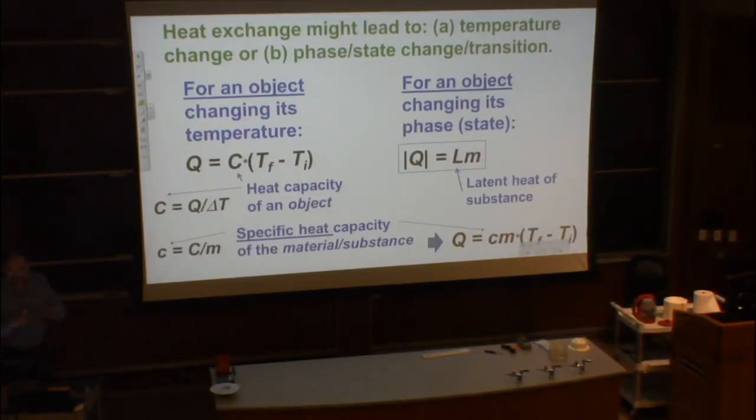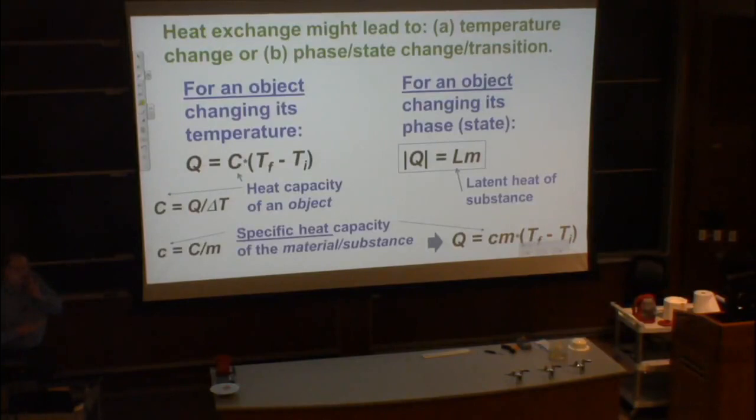You can now Google latent heat of water. A number pops up, about 300,000 joules per kilogram.